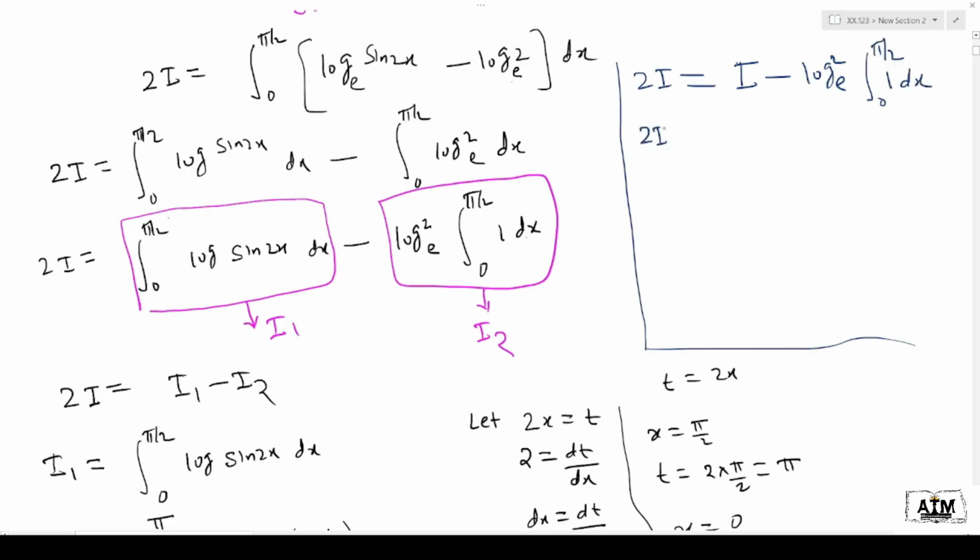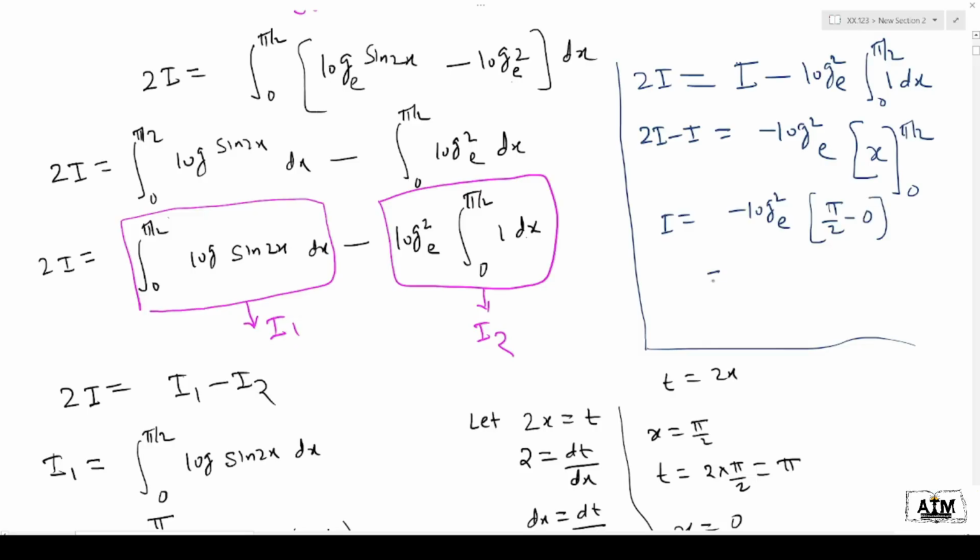So 2I minus I equals minus log 2 to the base e times the integration of 1, which is x, with limits 0 to pi by 2. So I equals minus log 2 to the base e times upper limit minus lower limit, which equals minus pi by 2 log 2 to the base e. This is the solution.